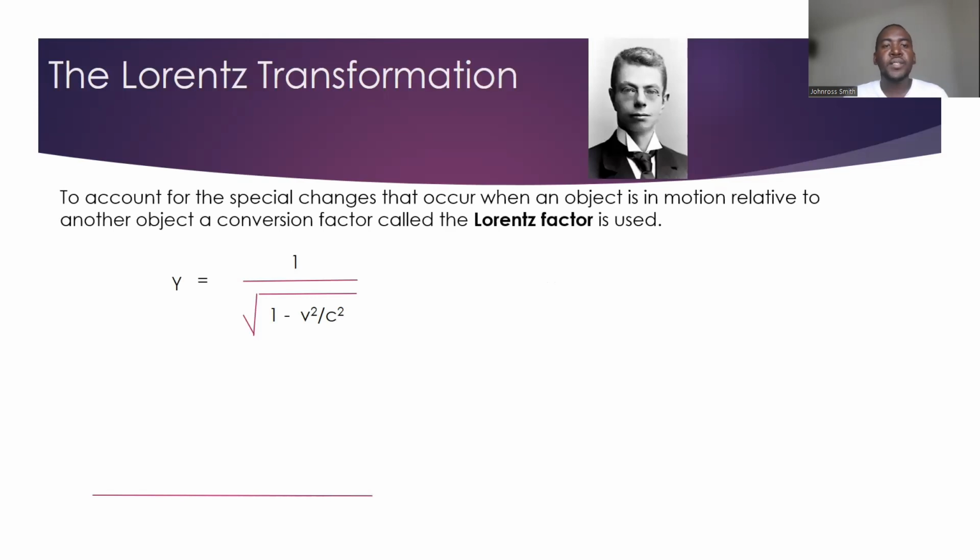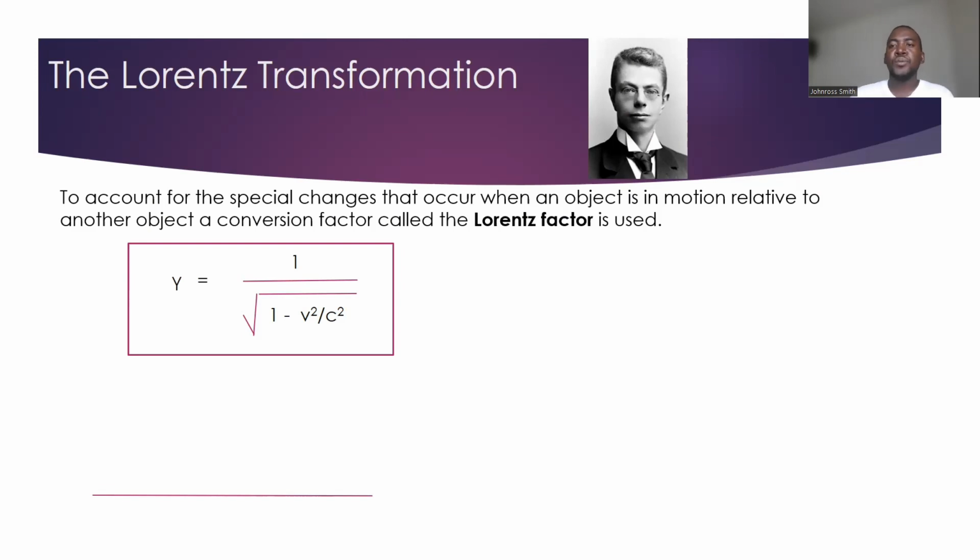So to account for the changes that occur when an object is in motion relative to another object, a conversion factor called the Lorentz factor is used. Because we know from our previous part 1 that if a certain event happens and we're in 2 different reference frames, we will observe that event in a different manner.